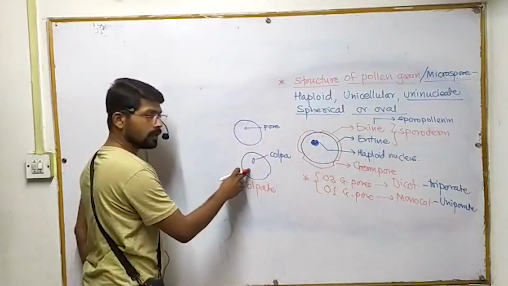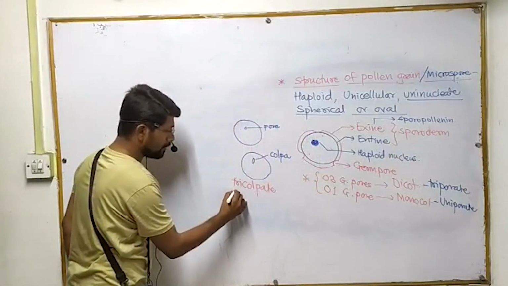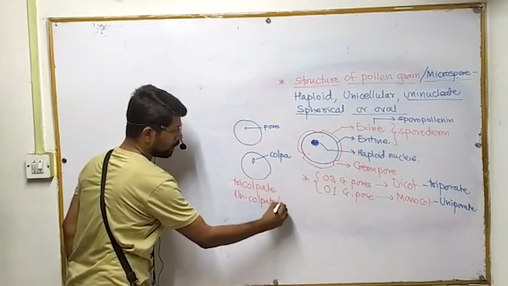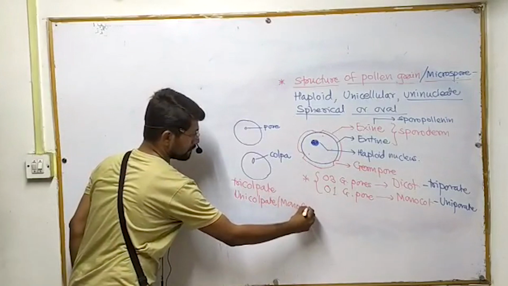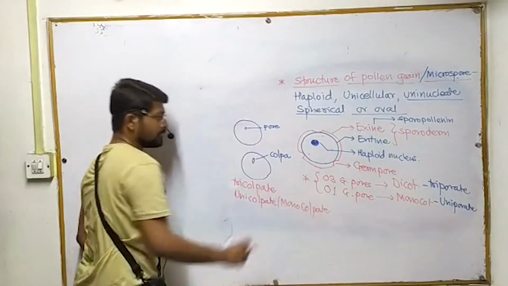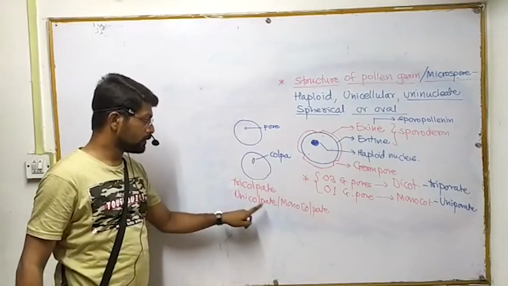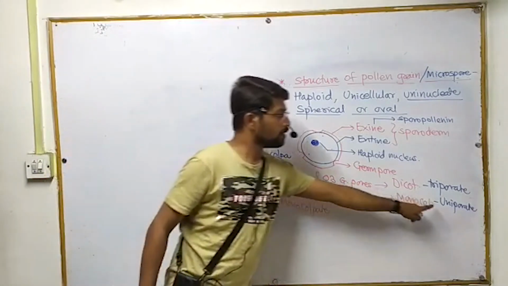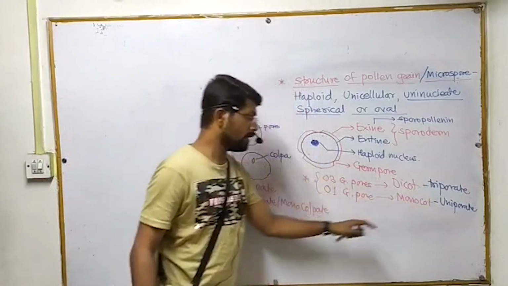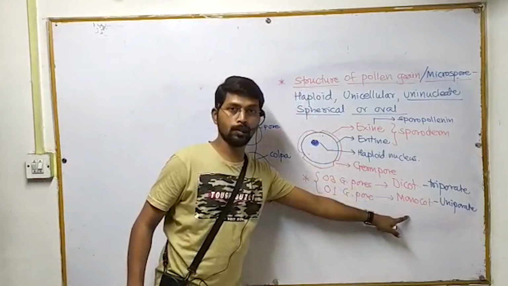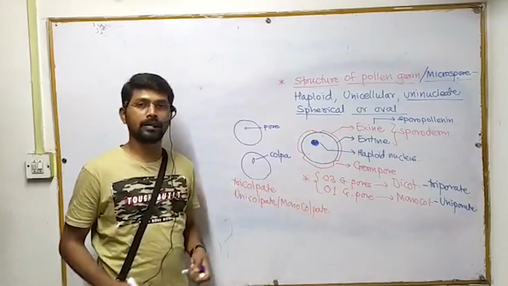When a single colpa is present, it is called unicolpate or monocolpate. When a single furrow is present, you can call it unicolpate or monocolpate, or you can also call it uniporate when a pore is present, but both are characteristically seen in monocots. Now this is important in taxonomy.